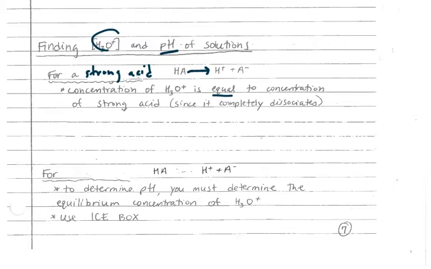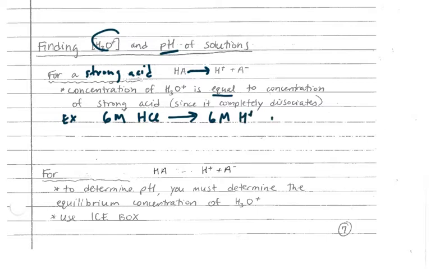For example, if we have the strong acid hydrochloric acid and it's a concentration of 6 molar, it's going to completely dissociate and we're going to have 6 molar of hydrogen or hydronium ions.